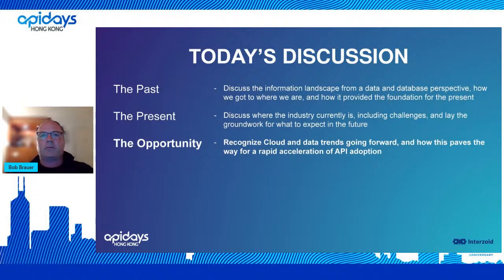And then, of course, prognosticate on how the trends we're seeing will affect and drive, in a very positive way, the API landscape as a whole, so we can identify where some of those opportunities might be.